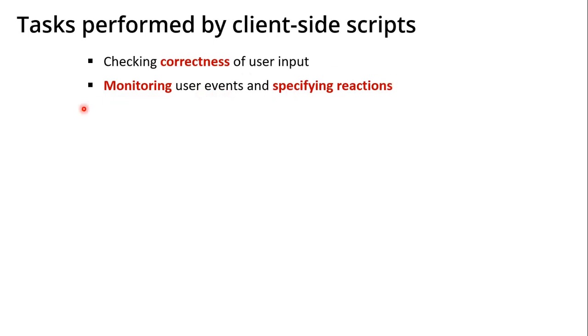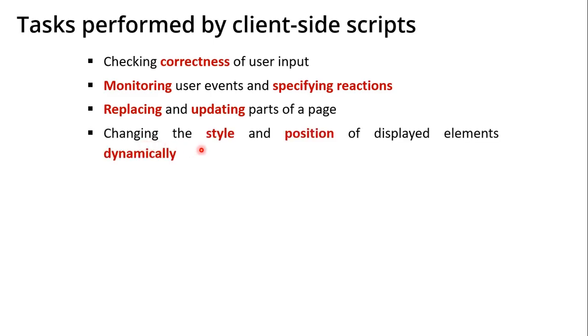It will monitor all the events by the user, replacing and updating parts of the pages. It is used for replacing and updating, changing the style and positions of display elements dynamically. So we can change the style and position of the elements dynamically. Modifying a page in response to an event, we can modify the page.